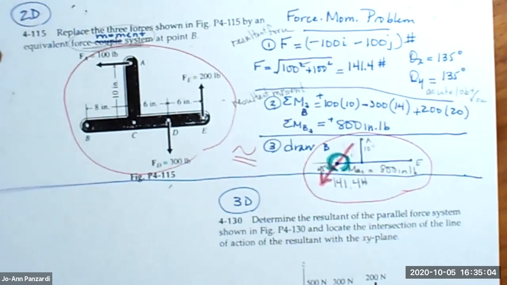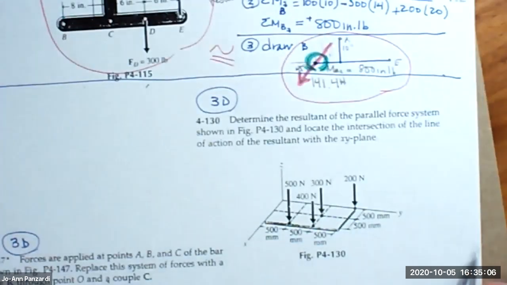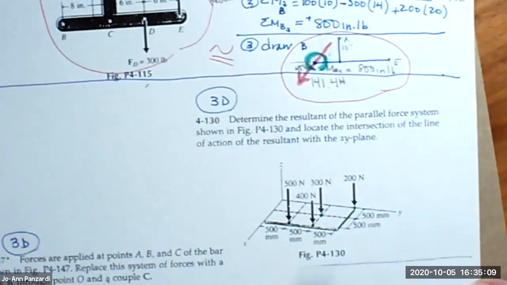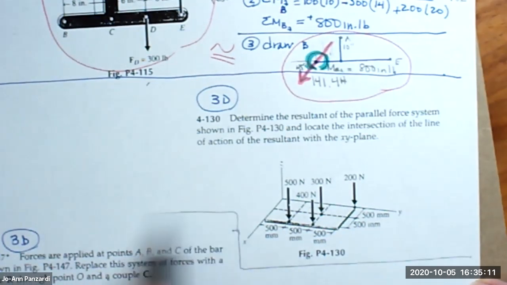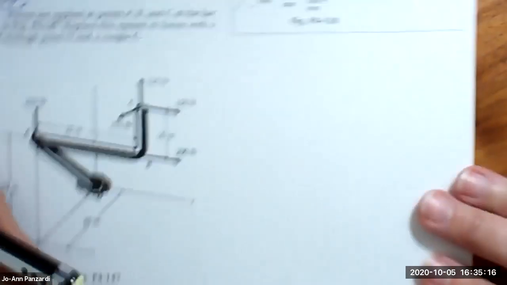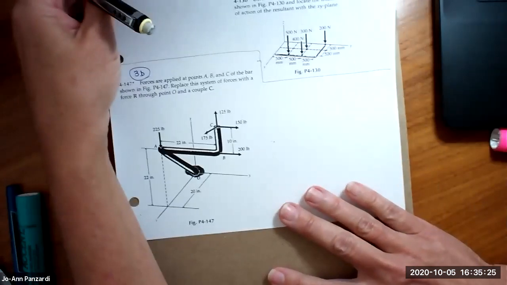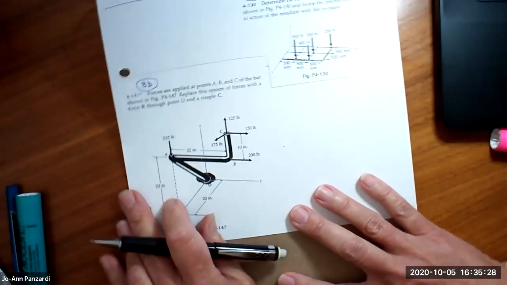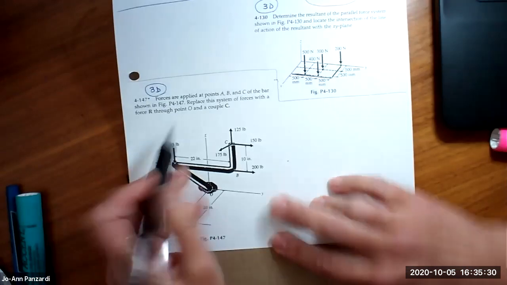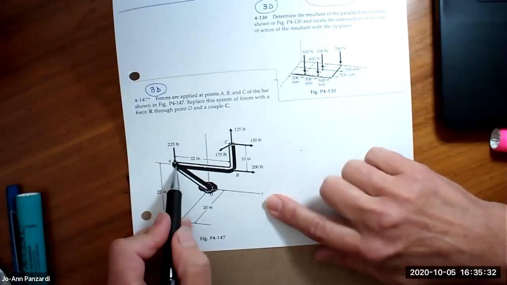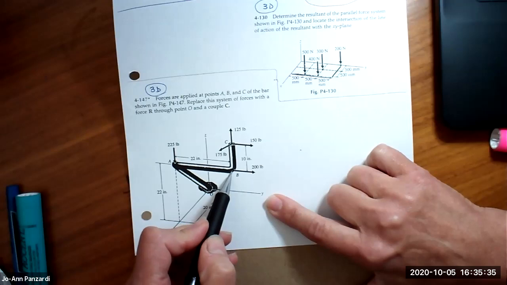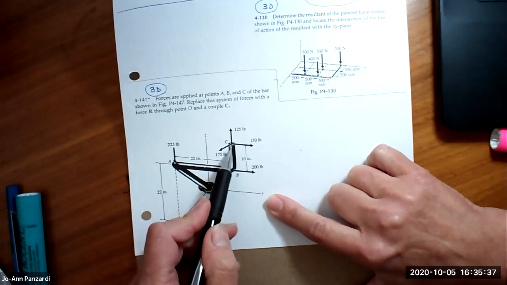Okay, let's jump down next to the bottom 3D problem. So let's see what's going on here. It says, forces are applied at point A, point B, and point C of the bar shown in the figure.